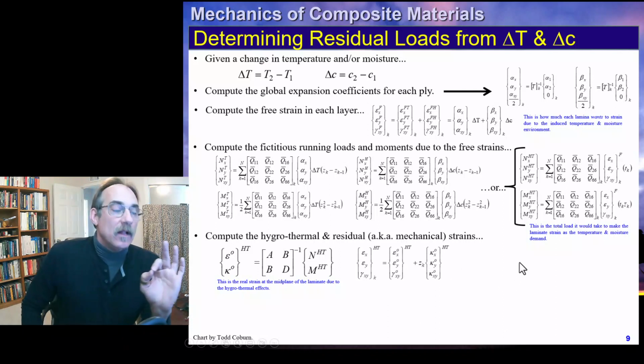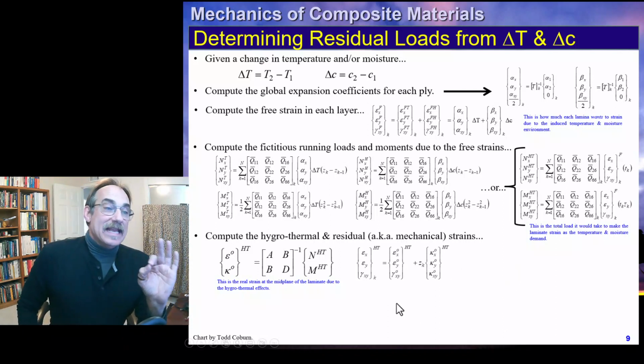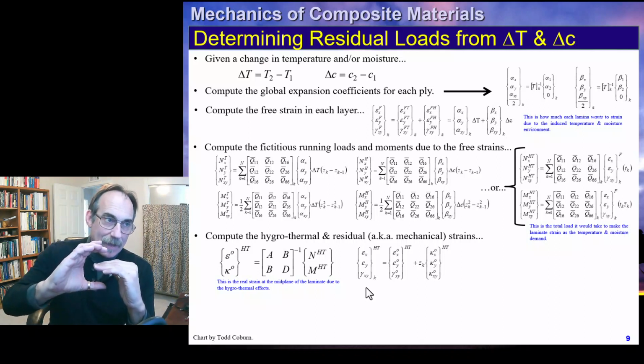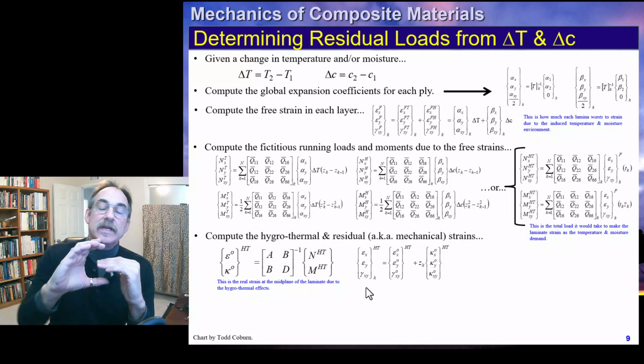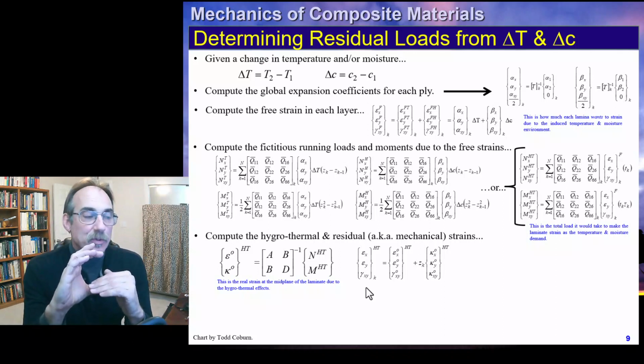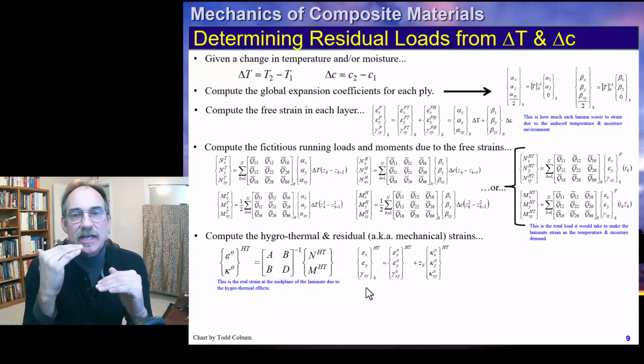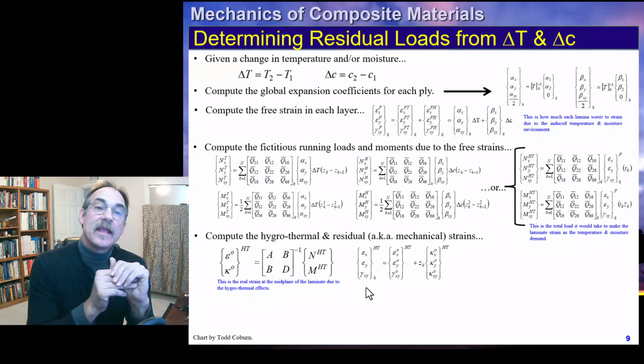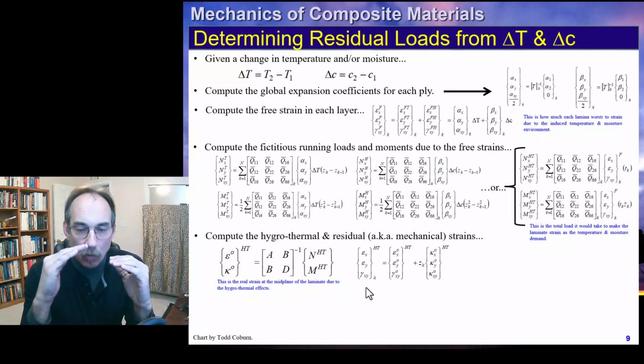Now, we can now use those midplane, the middle of the laminate values, to calculate the actual strains in each and every lamina, each and every ply. So now we take those 3 and 3 values, and we're going to use those for each of our plies.